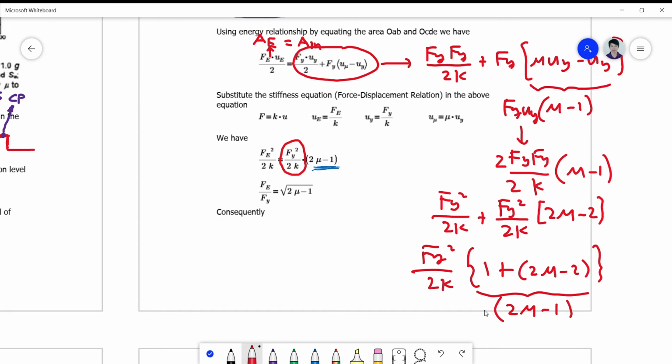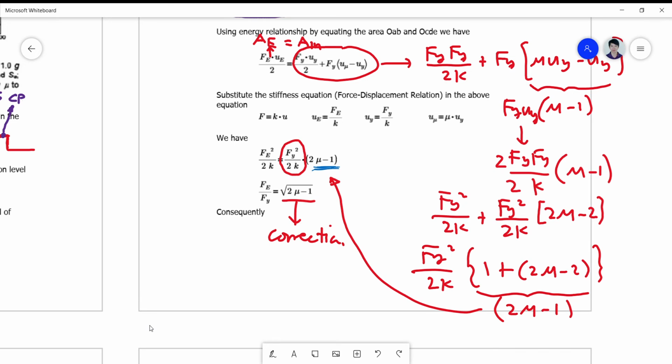So this will be inserted there. So consequently your correction factor now becomes square root of 2 mu minus 1 for the acceleration. Okay, so this is used for the acceleration.